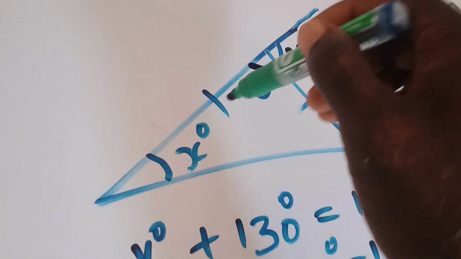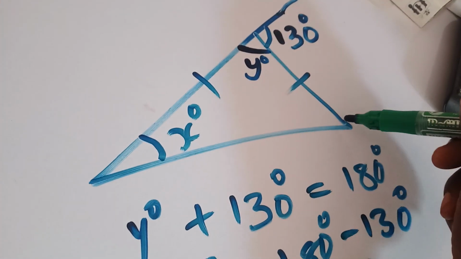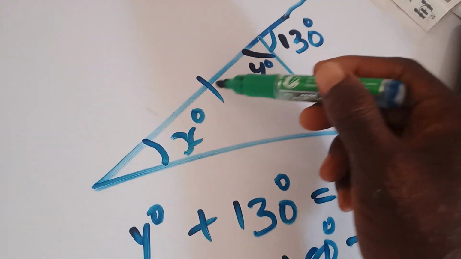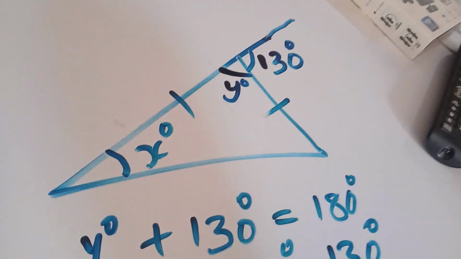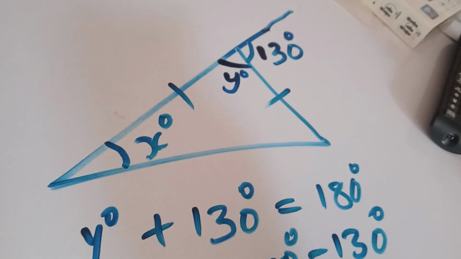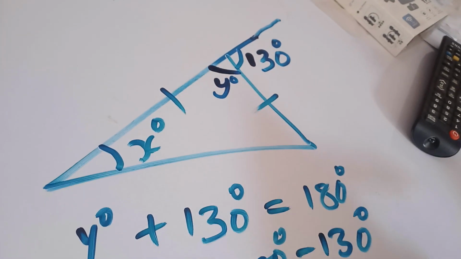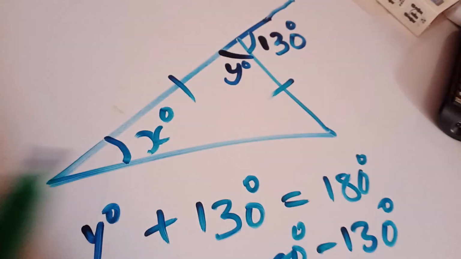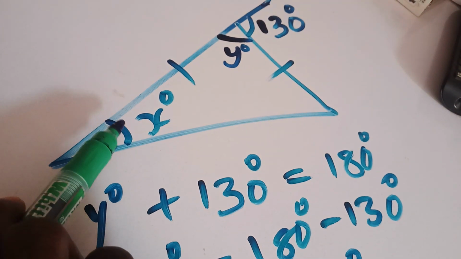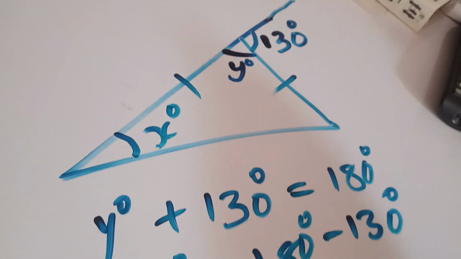That is, this particular angle x and this other angle are equal because of this sign, the sign of an isosceles triangle. So from the isosceles triangle principle, two angles will be equal, and the summation of the three angles will be equal to 180 degrees. So keep in mind that the angle x we are looking for and the other angle have equal values.